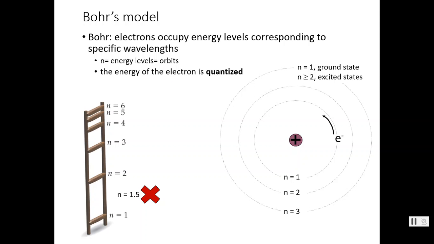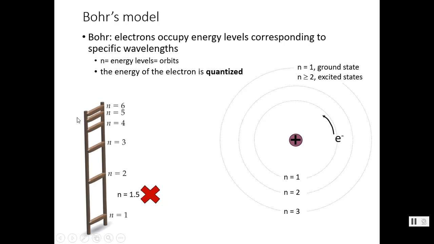And so, a few things that you can see aside from that orbits increase in whole integer values. You can also see that there's no 1.5 or 1.25 orbit. Okay, so that means that the energy is quantized. The energy of the electron in that orbit has a specific value.